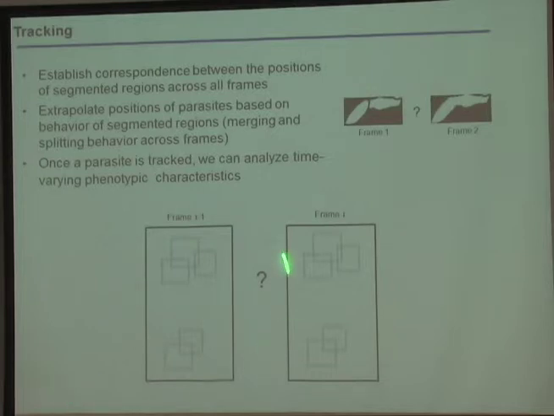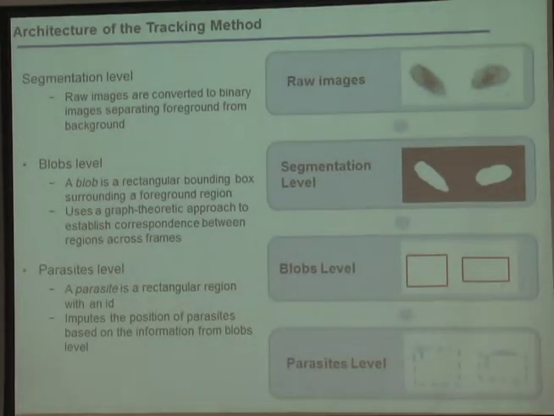This is an idea we've only slightly refined, but this was an algorithm developed by my good old friend Sonoma, who was doing his PhD with me. Essentially, we use a graph theoretic technique. We take the data from the segmentation level, then we construct what is called a blob level. So this is the architecture of our tracking method.